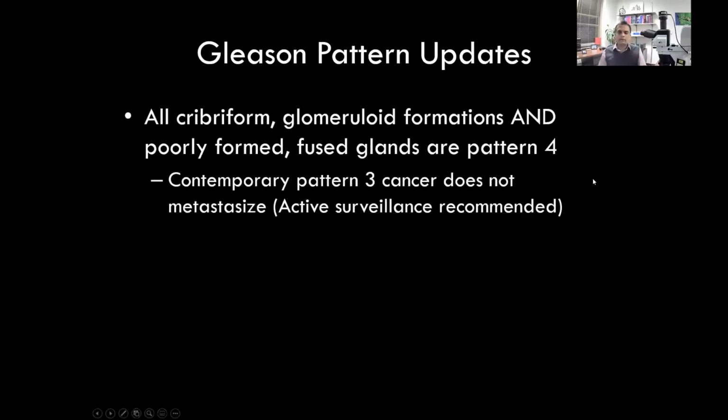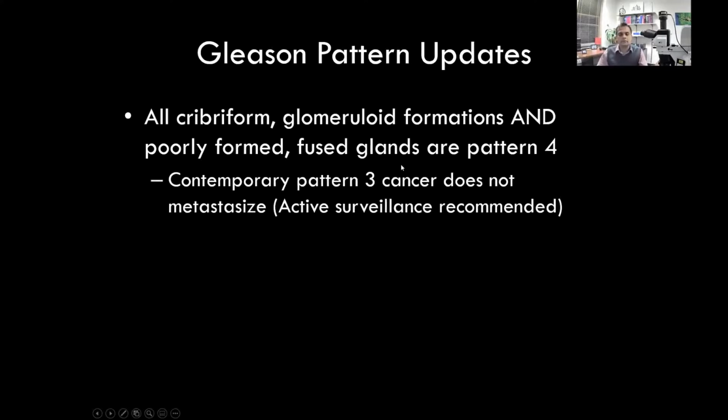And then the more important updates are in how to correctly diagnose Gleason pattern 4 itself, right? There have been some contemporary changes in this, and most of this has happened in the category of poorly formed fused glands. Some changes have also happened in how to correctly diagnose glomerular formation, and we all know how to diagnose cribriform proliferation of Gleason pattern 4.